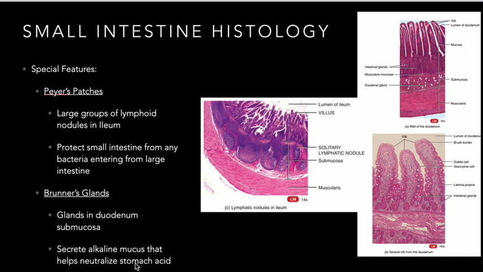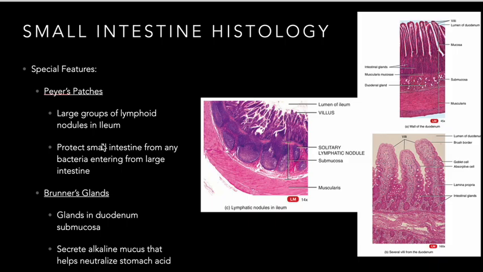So we looked at some of our special features in lab a little bit. We said we had two really important ones. We had our Peyer's patches, which again were more lymphoid nodules. These lymphoid nodules are going to be located in our ileum. So our ileum is where our small intestine joins with our large intestine. And your large intestine contains lots of bacteria. Some good, some not so good if it gets any farther than in your large intestine.